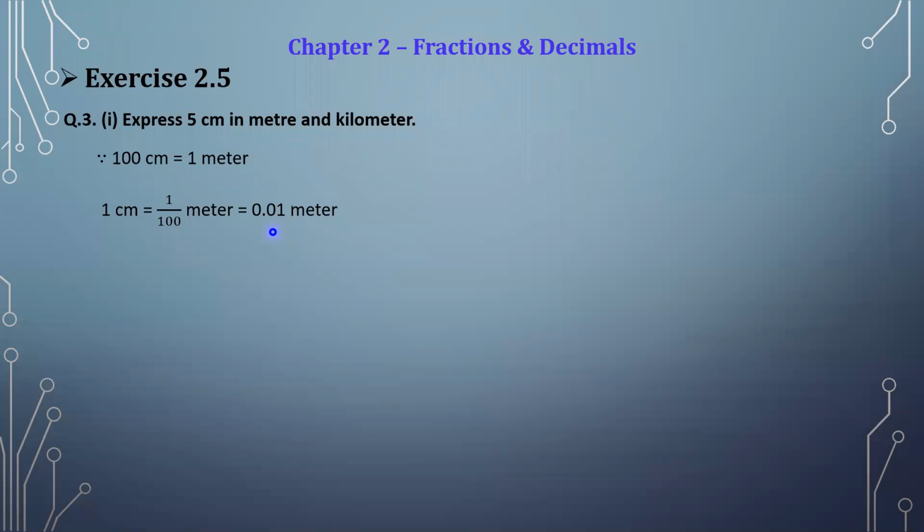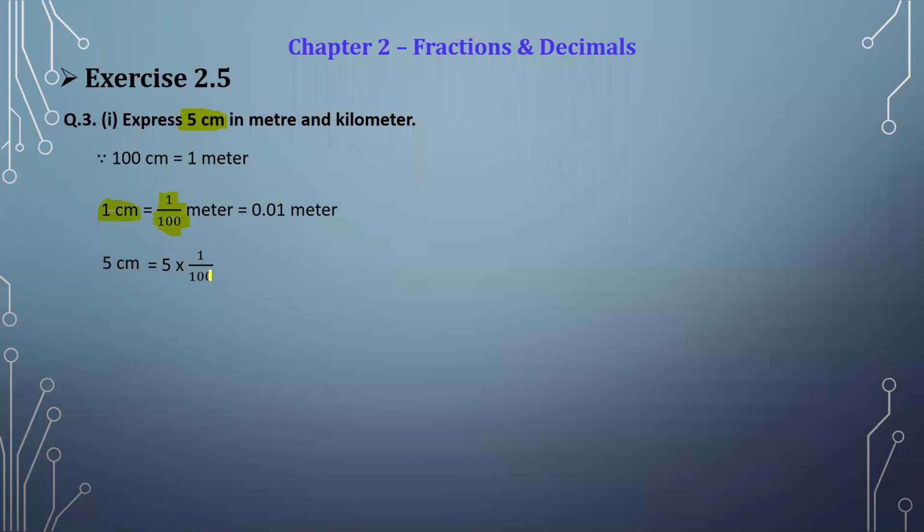Now we have to convert this 5 centimeter into meter, and then into kilometer. The first step is to convert 5 centimeter into meter. Since the value of 1 centimeter is 1 upon 100, 5 centimeter can be written as 5 into 1 upon 100.